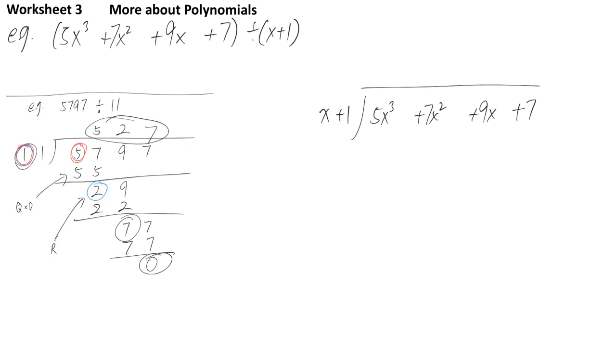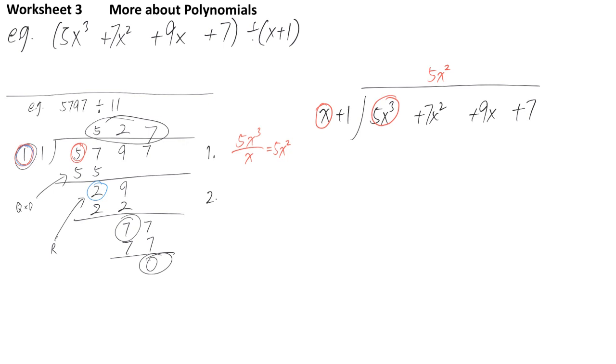We use the largest term divided by the largest term of the divisor. So in our draft, 5x power 3 divided by x is equal to 5x power 2. So I will write down 5x power 2 as the quotient. This is the first step.